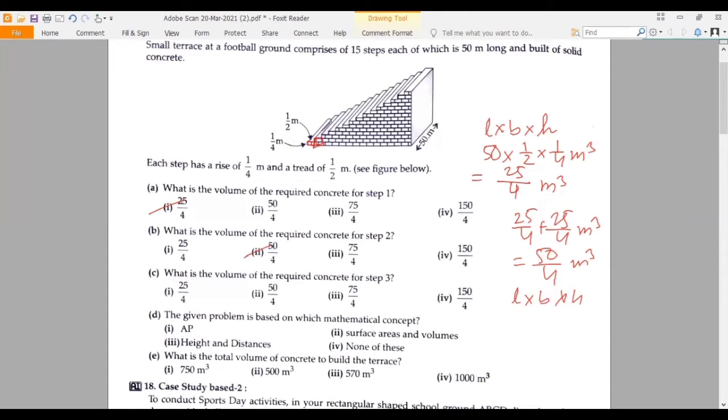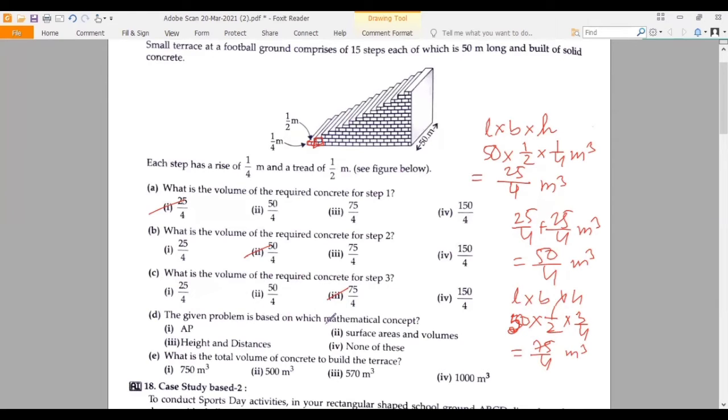Length is 50. Breadth is always constant, 1 by 2. And height is 1 by 4 plus 1 by 4 plus 1 by 4, that is 3 by 4. So that means 25 into 3, 75 by 4. So 75 by 4 meter cube is the answer for the volume.